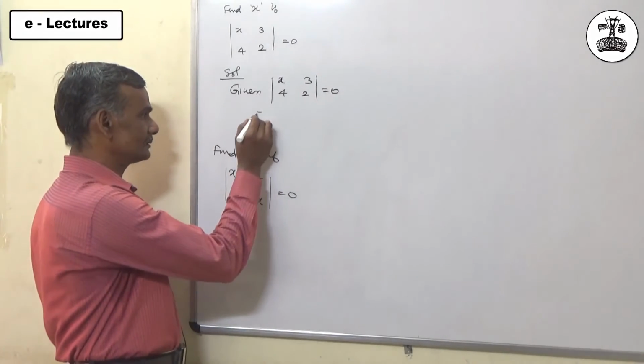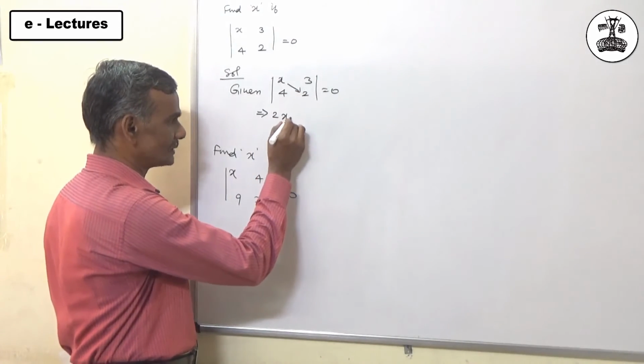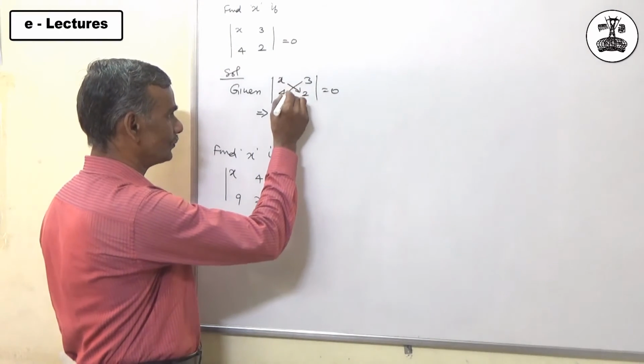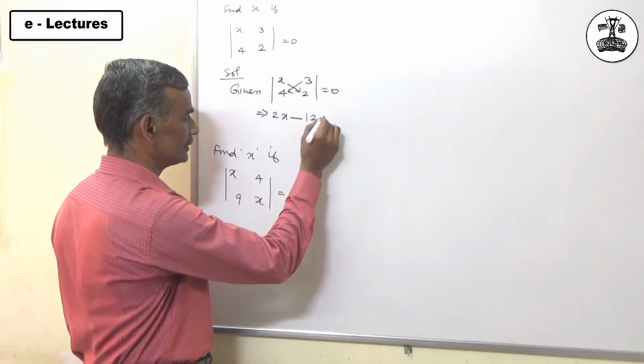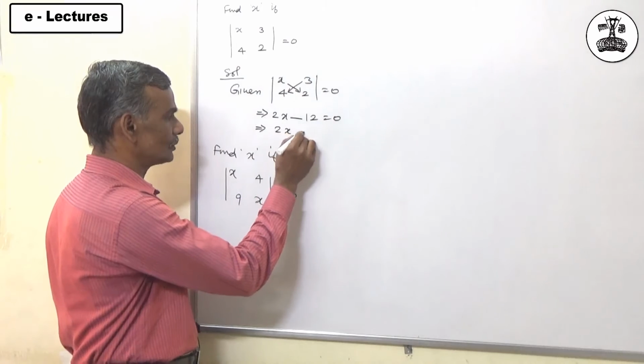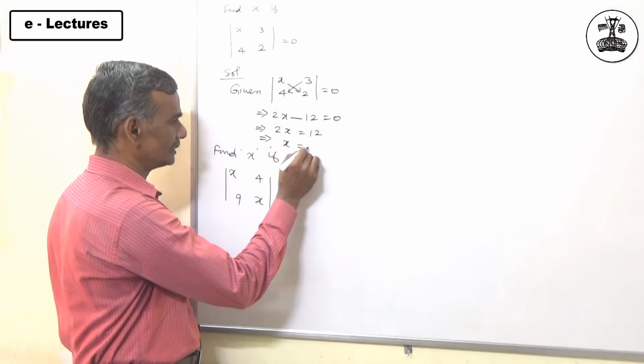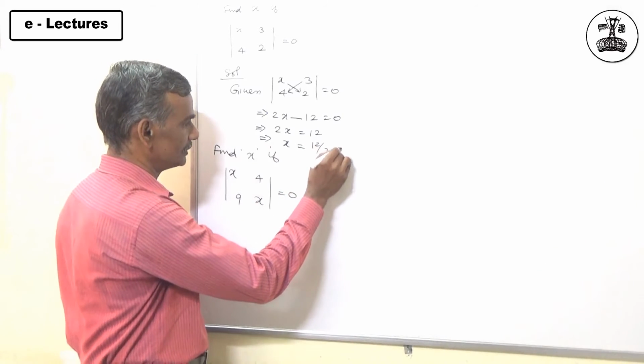This implies x into 2, 2x, put a minus sign, 3 into 4, 12, equals 0. This implies 2x equals 12. This implies x is equal to 12 by 2 equals 6.